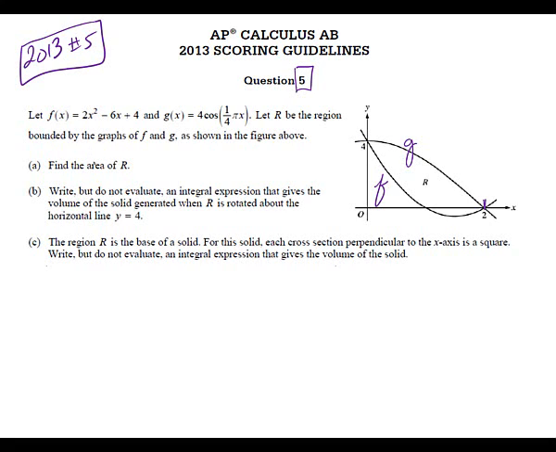All right, so we need to find the area of R. When we do area, what do we have to do? What minus what? Top minus bottom is our kind of generic rule, right? So I'm going to label part A. My top curve is what?